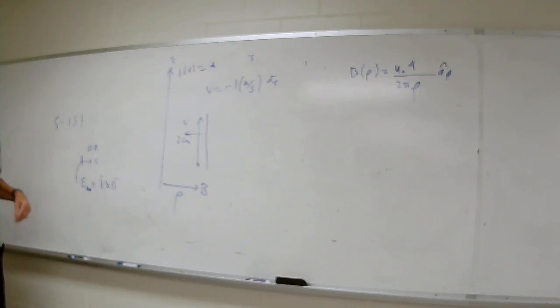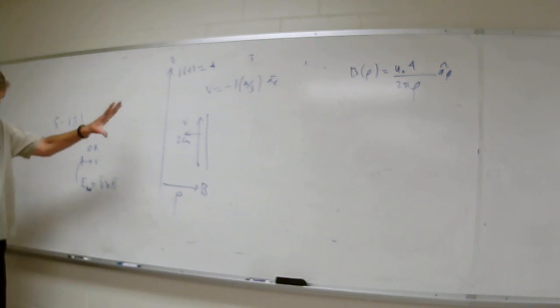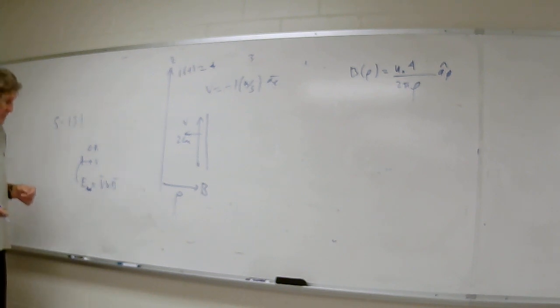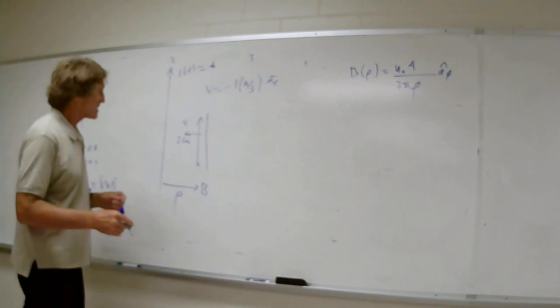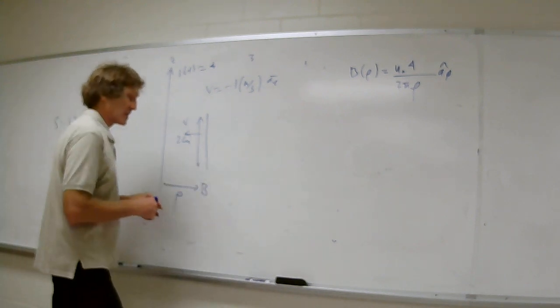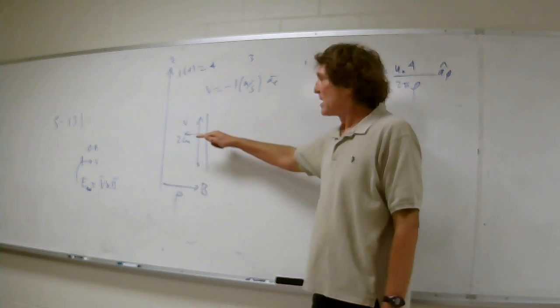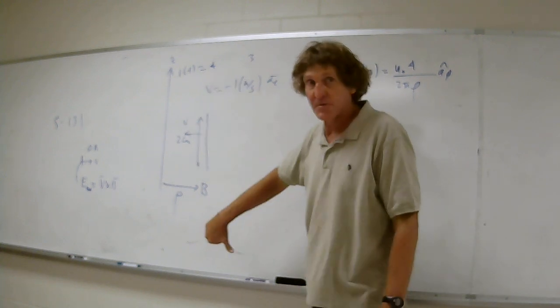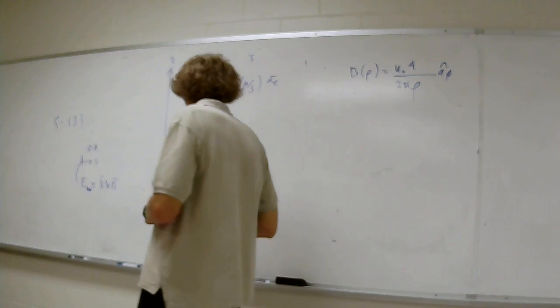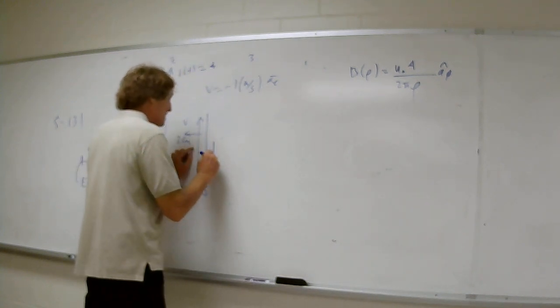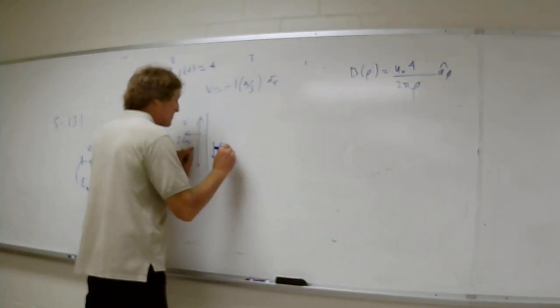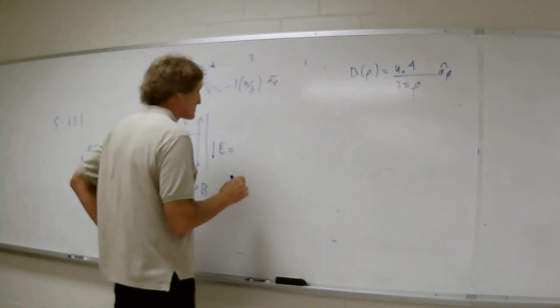That'll give you the direction the charge will accumulate, and you can get the voltage from that. Velocity is this way, V cross B, so the electric field is down.